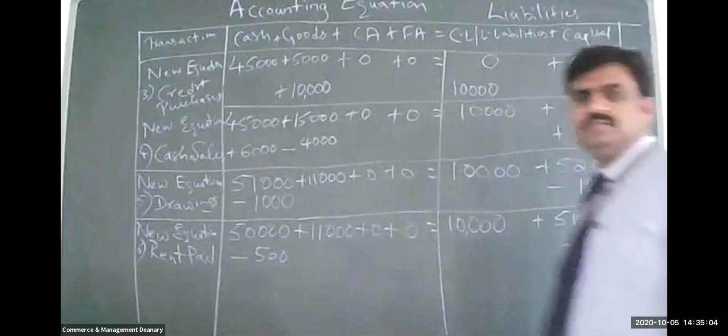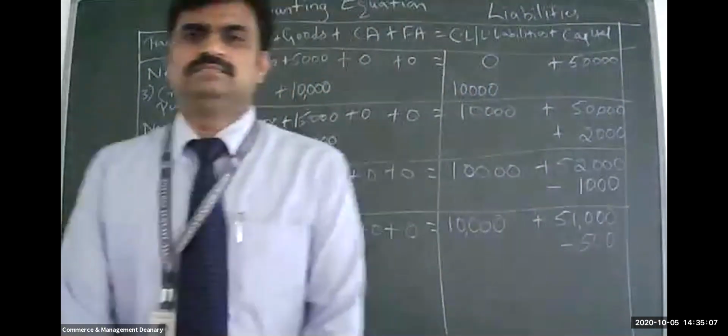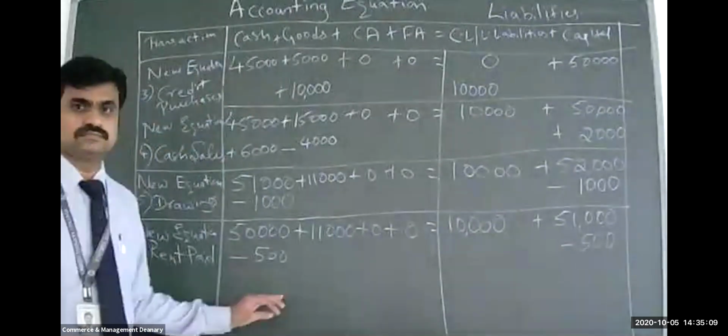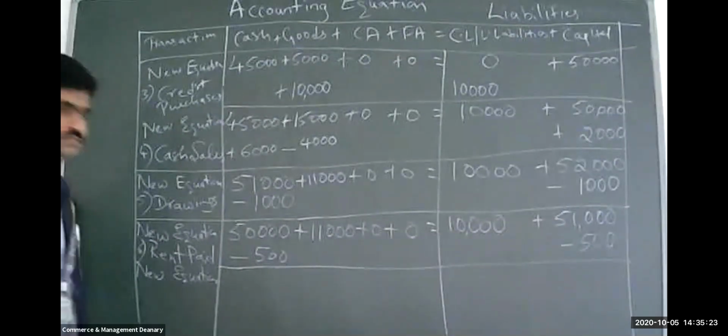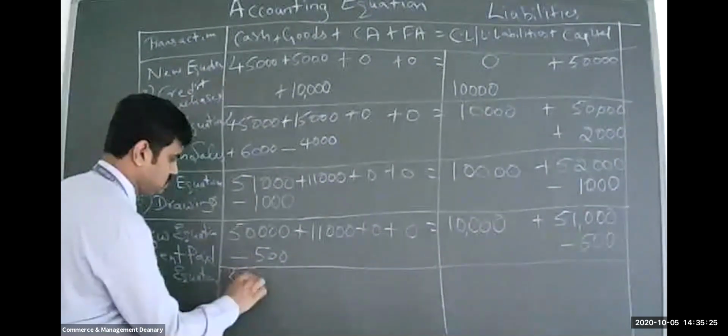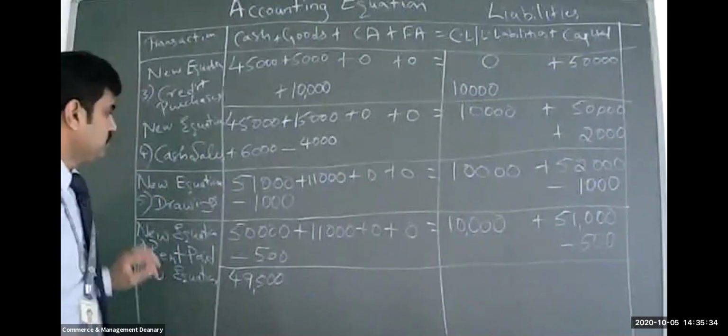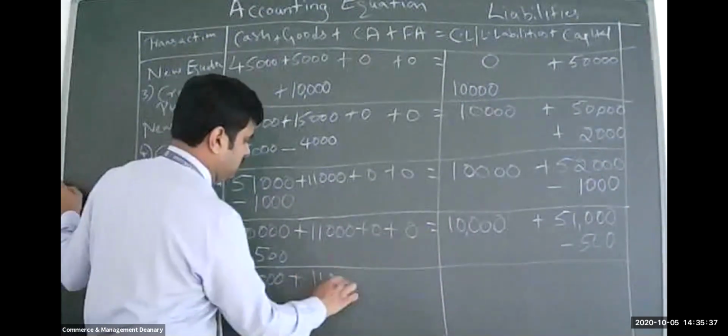Any doubt regarding the rent? Students, any doubt? No, sir. The cash now, how much? 49,500. Goods is the same, no change, 11,000.